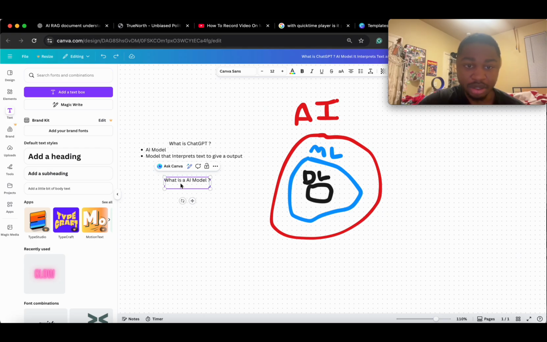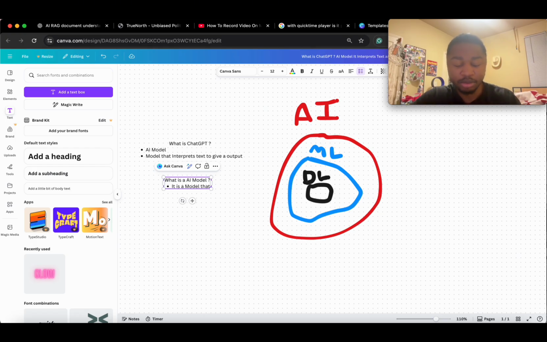So what is an AI model? It is a model that, how would I say, artificially intelligent, right?